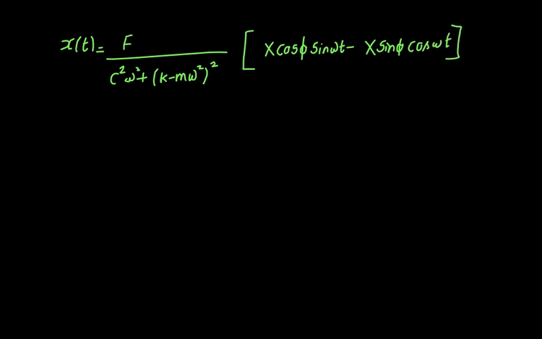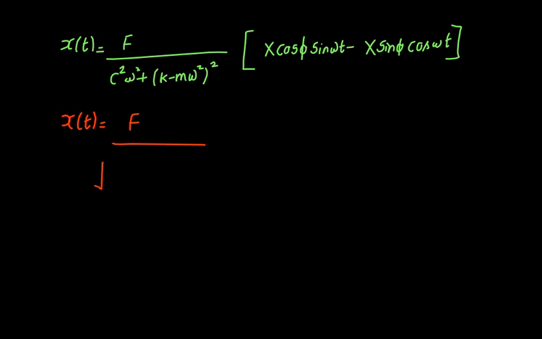Now this is of the form where you can pull capital X common outside. So if you are pulling capital X common outside, you will be getting x of t is equal to F into, we just got the value of capital X, which is the root of c squared omega squared plus (k minus m omega squared) the whole square.